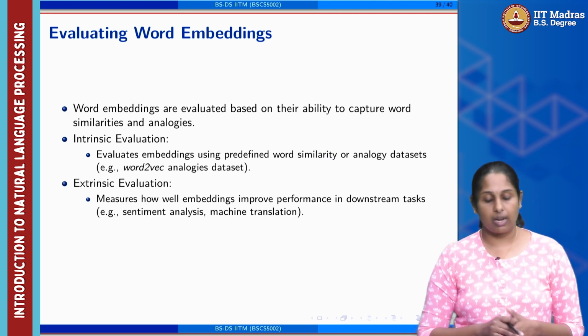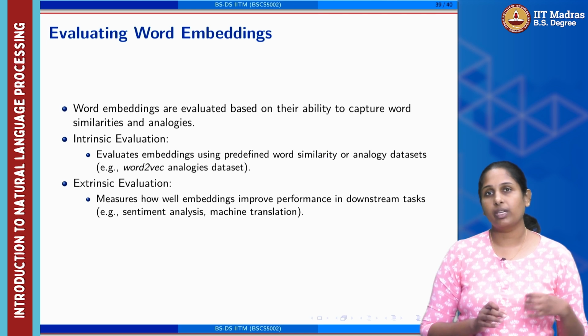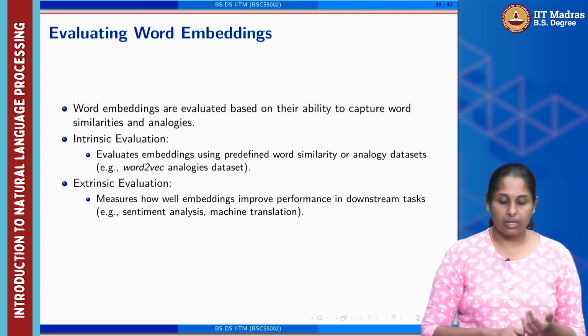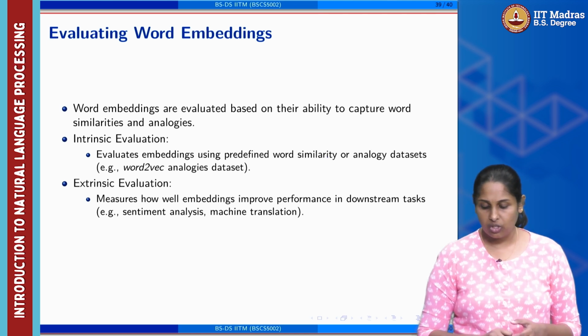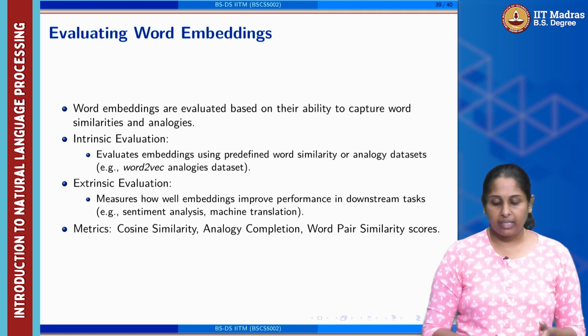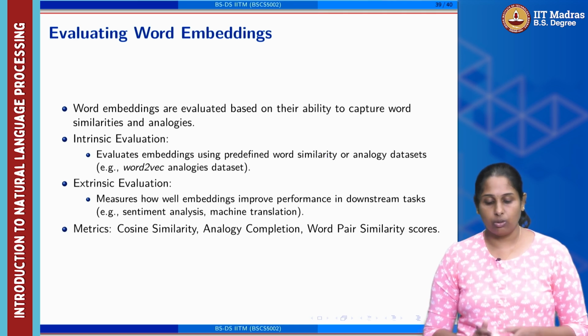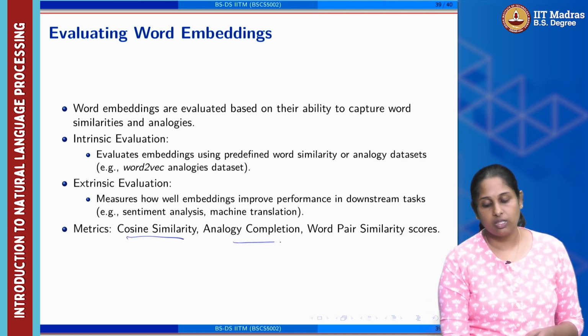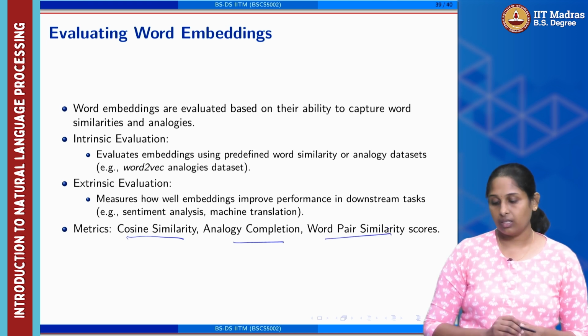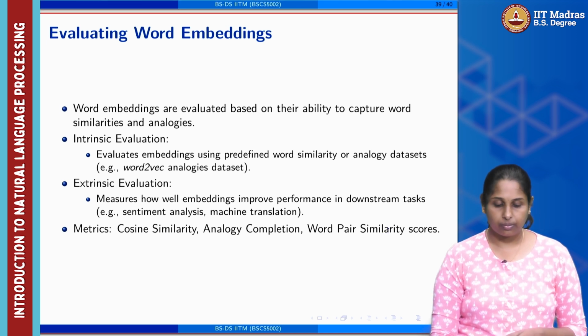And extrinsic evaluation is mostly about how it's performing in a downstream task, something like sentiment analysis or machine translation. And the metrics more commonly used are cosine similarity, analogy completion and word pair similarity scores.